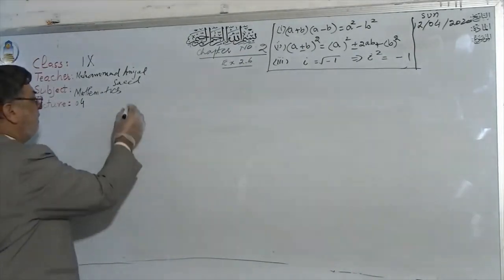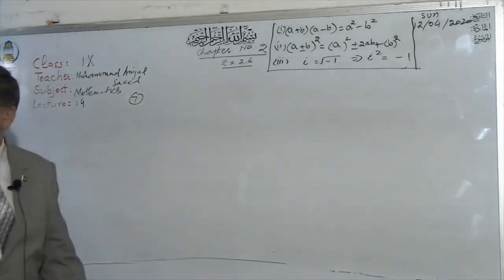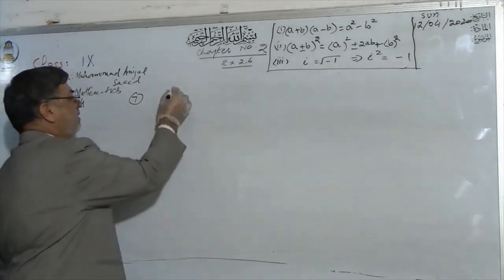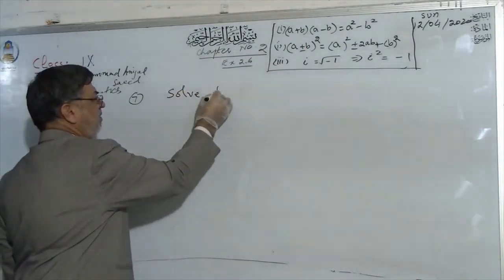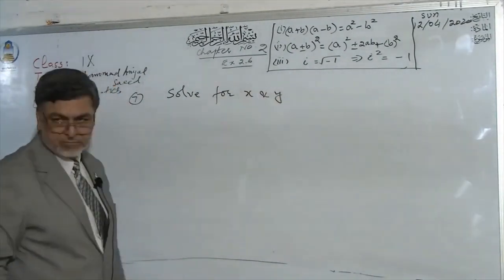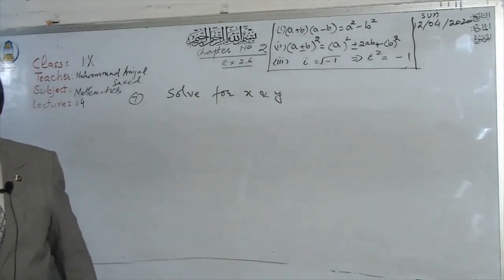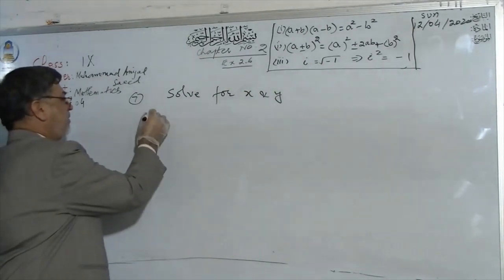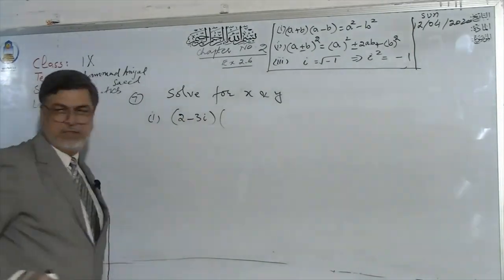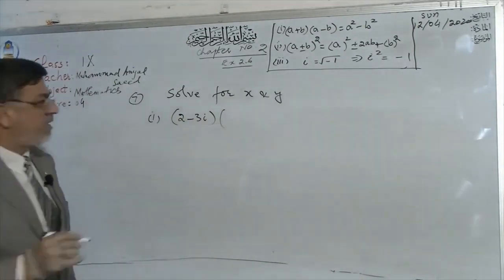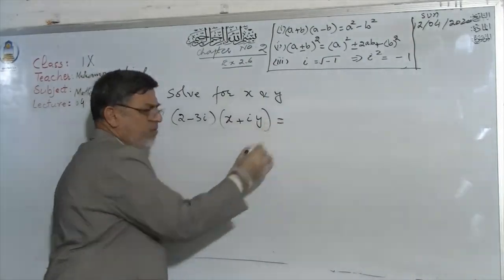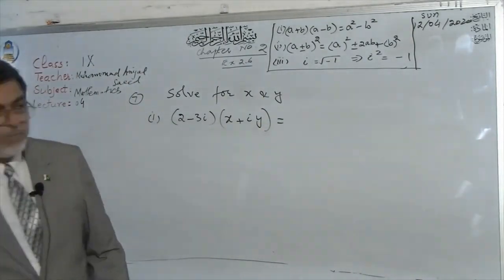Question number 7: solve the following equation for real x and y. Solve for x and y. First is (2 minus 3 iota) into (x plus iota y) is equal to 4 plus iota.